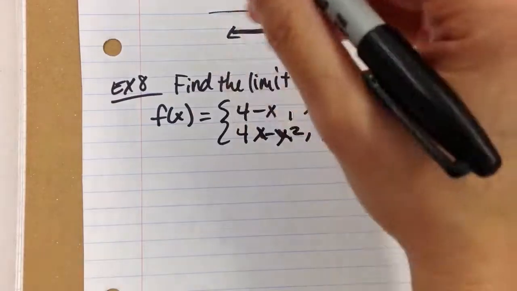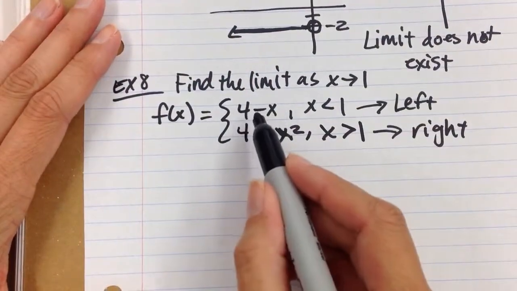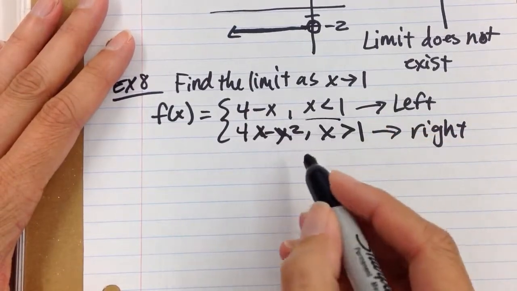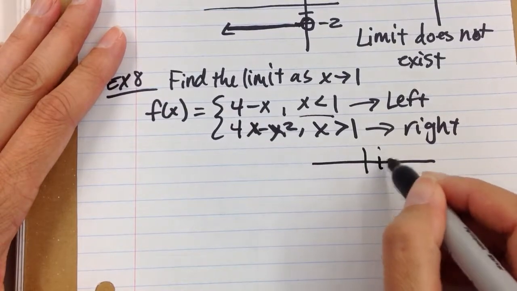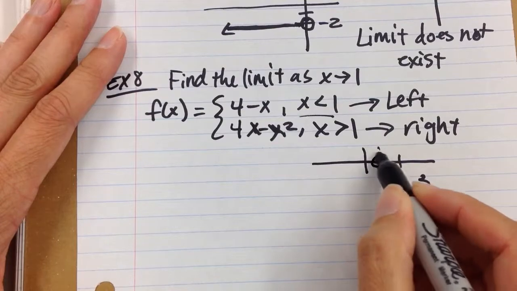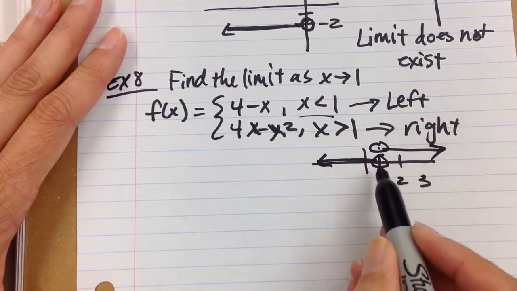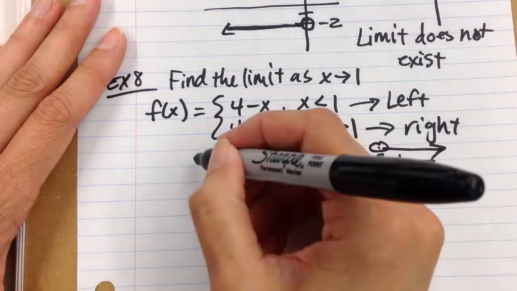If they're split, if they're apart from each other, we're not going to have a limit. So let's graph. Here's 1, 2, 3. X is less than 1 is this way, and x is greater than 1 is that way. So left, right. Okay.